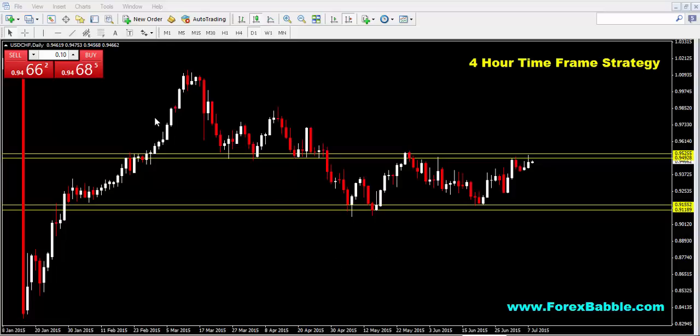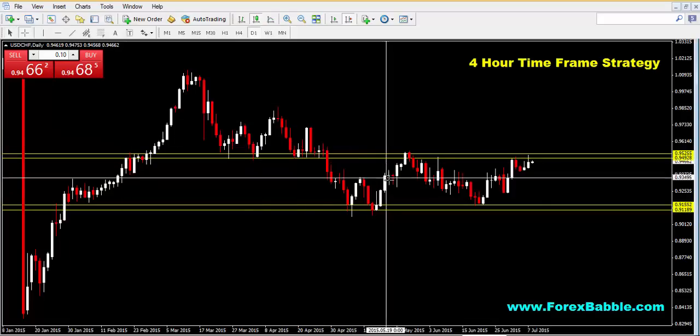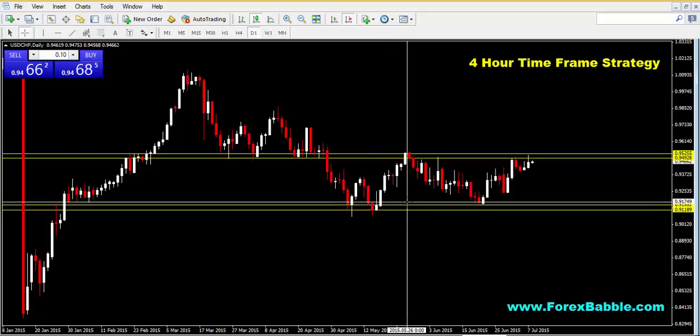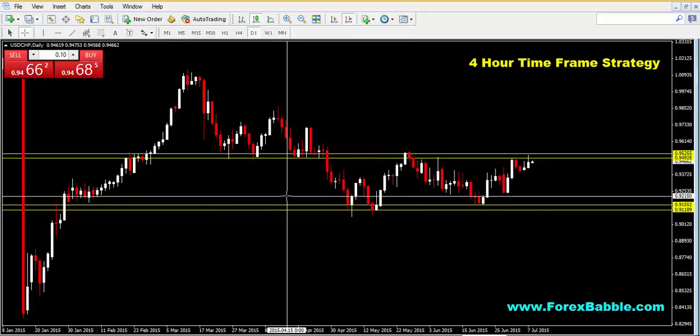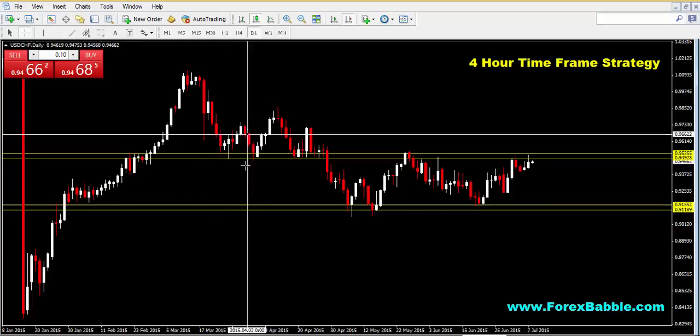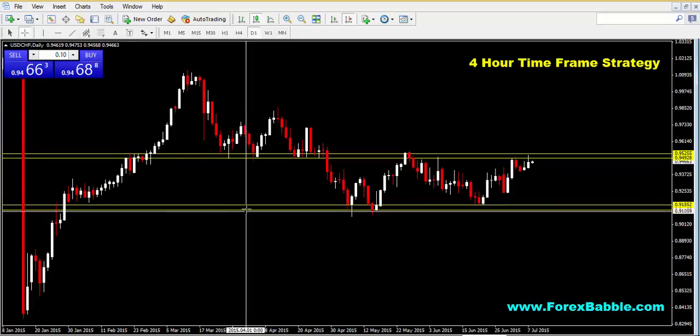Now, one thing I wanted to point out to you guys is that the candles on the 4-hour, or any larger time frame, are going to be worth more pip-wise, because it's based on a longer time period. Just like if you had a 1 minute candle, the candle might look big to you, but really it's based on a shorter time frame.